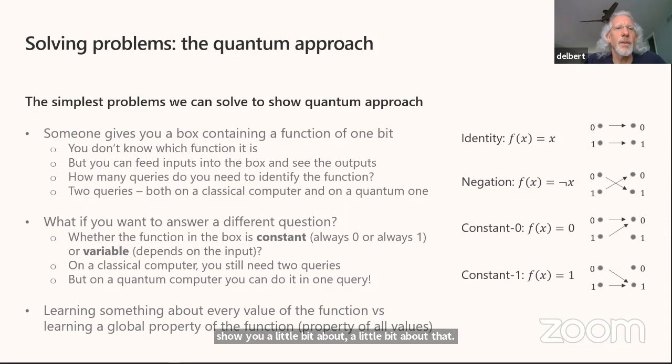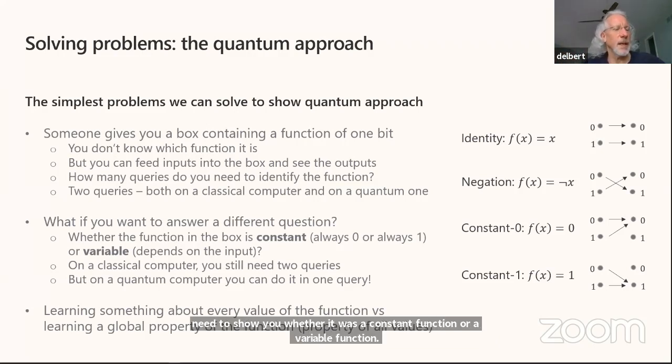To begin with, basically the question is, if someone gives you a black box, and your black box has one of 4 functions in it: identity, negation, constant 0, or constant 1. If you've got one of those 4, how many tests of the black box would you need to show whether it was a constant function or a variable function?